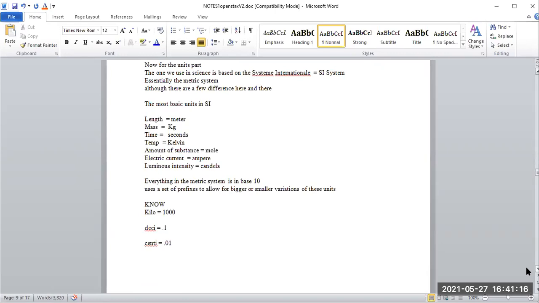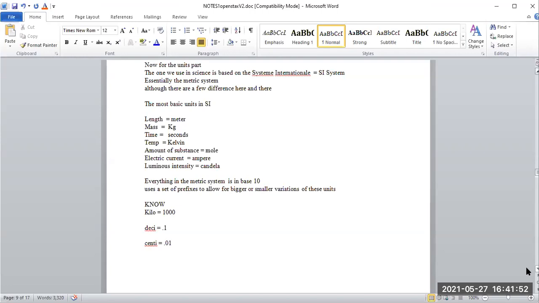So looking at the units here, meter is your base unit for length, but here's where the next one down is where you have a little bit of difference between straight up metric and SI. Straight up metric has mass in grams. SI is considered to be kilograms. If you have taken physics, you will notice that physics actually uses the SI units a little bit more even than chemistry does, especially when they're converting to things like newtons.